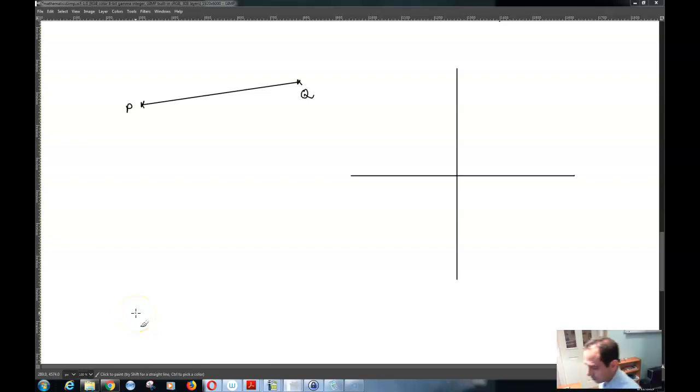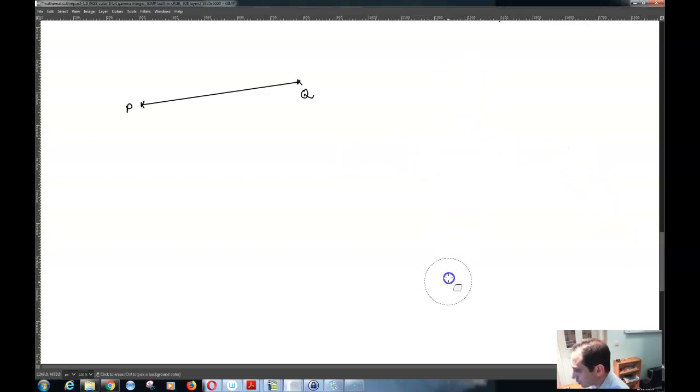Okay, so the next thing that we have here is a concept about the section formula. We have talked about this before.